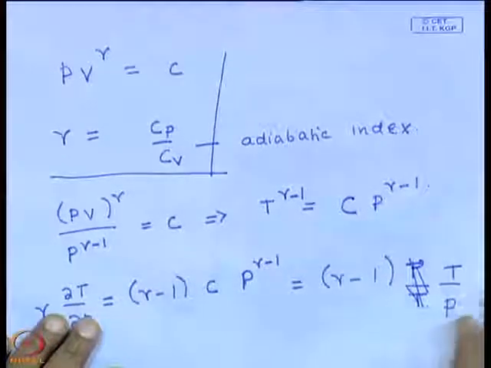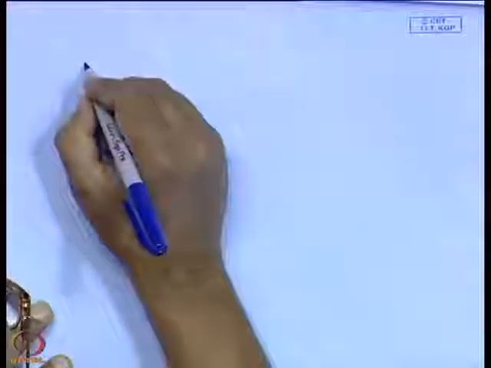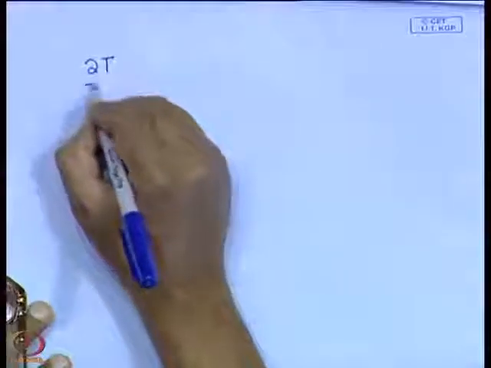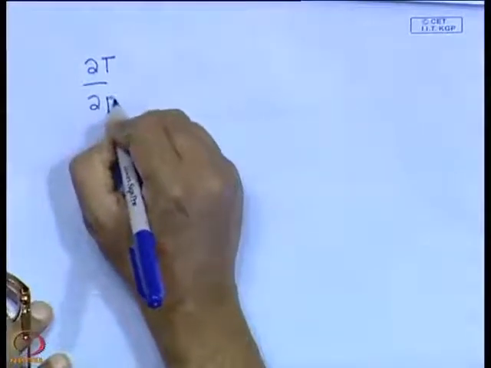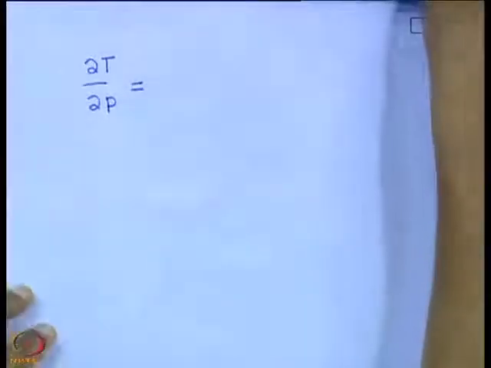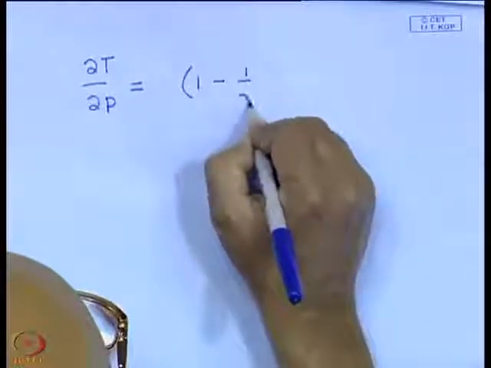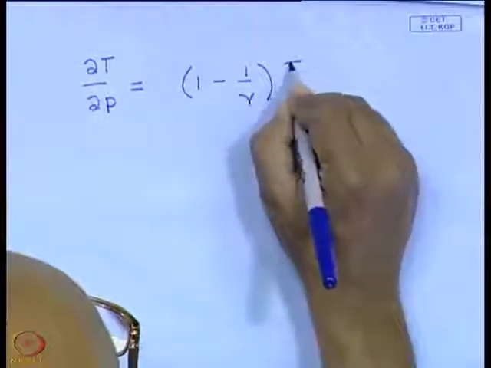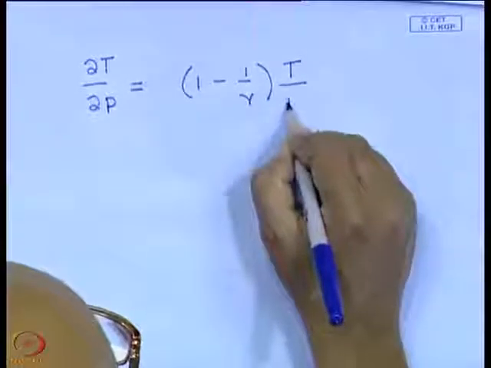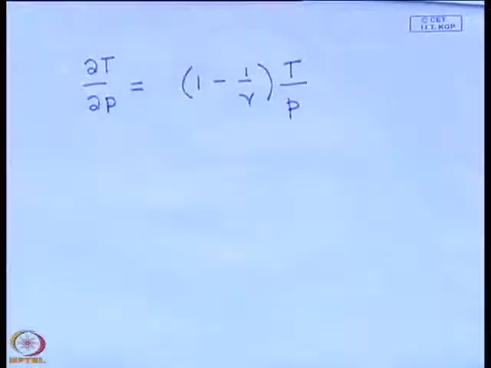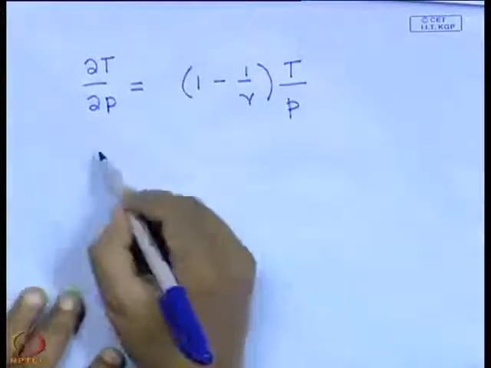Okay. So what you have at the end of the day is that del T del P is equal to 1 minus 1 by gamma into T by P. Okay, so that is for an adiabatic process.